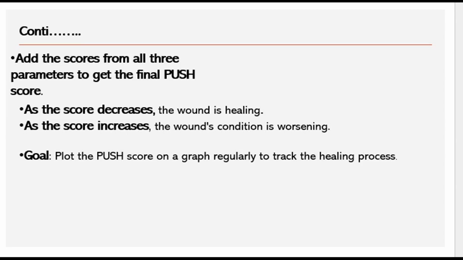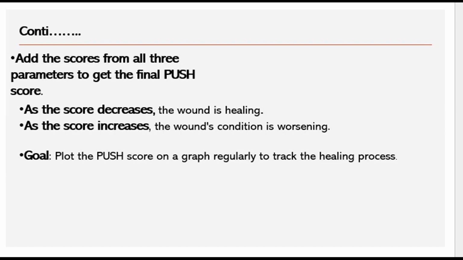For that we will use the pressure ulcer healing graph. After getting the scores, we calculate them all together and get one total score. Then we put that total score on the graph, marking the score daily.